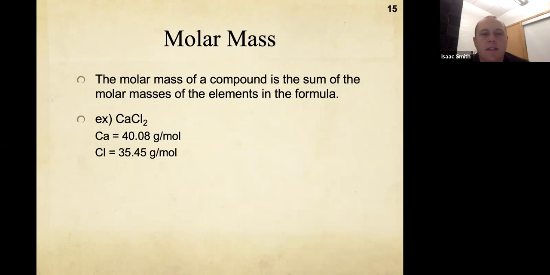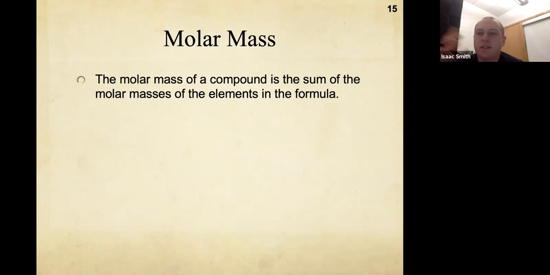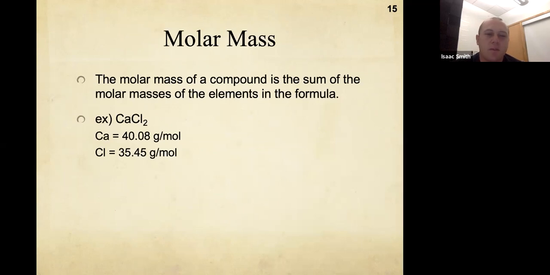We just talked about elements. You can pull those right off the periodic table to find the molar mass of a single element. But if you need the molar mass of a compound, it's just going to be the sum of the molar masses of the elements. So for example, the molar mass of calcium pulled right off the periodic table is 40.08. The molar mass of chlorine is 35.45.